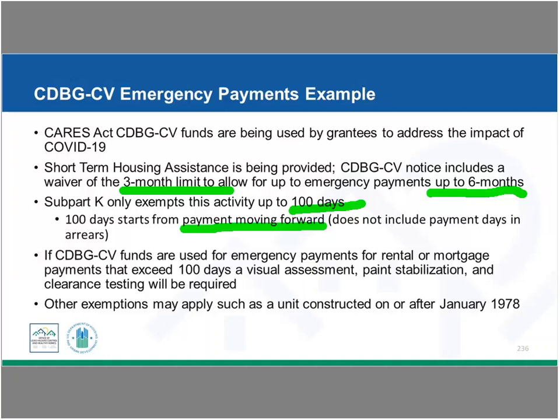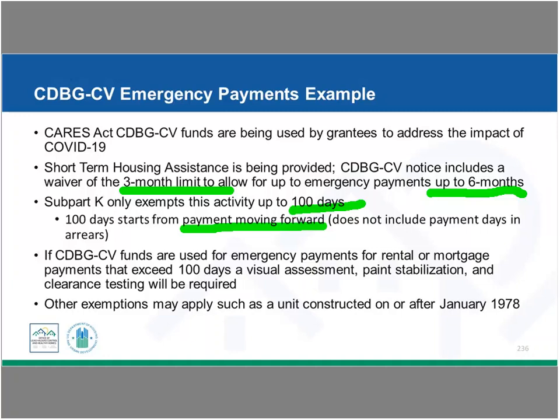So day one is June 9th, not March 1st, which was the first month that we were paying that rent. So in most cases, in this scenario, you would be able to provide them 6 months worth of assistance, and you would still be operating under that 100-day exemption because we're calculating it beginning on June 9th.